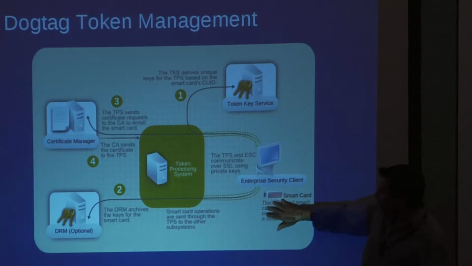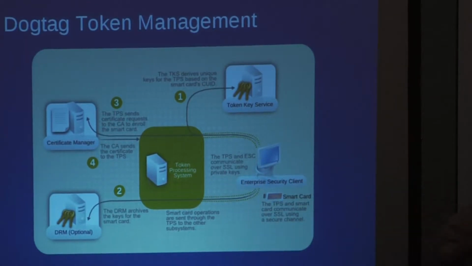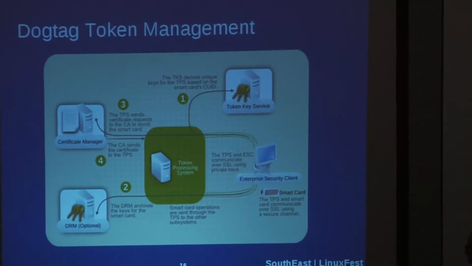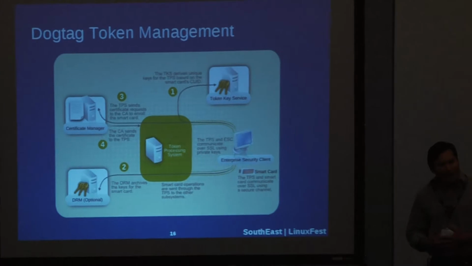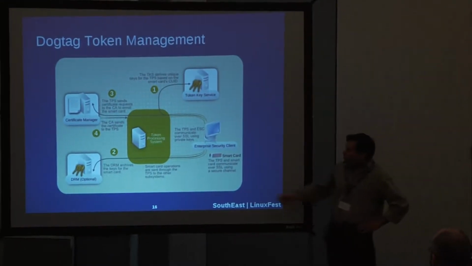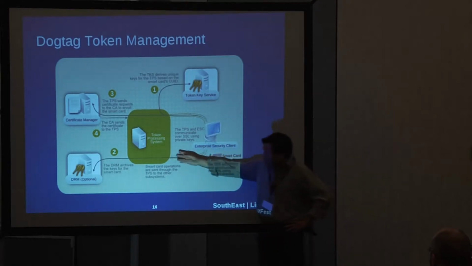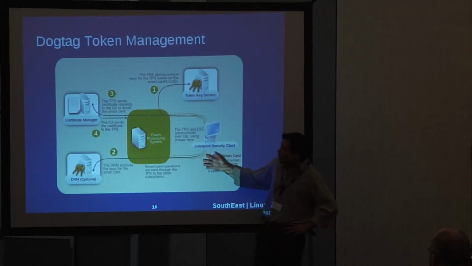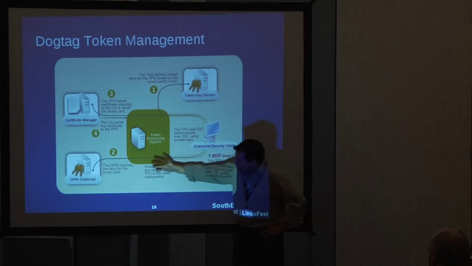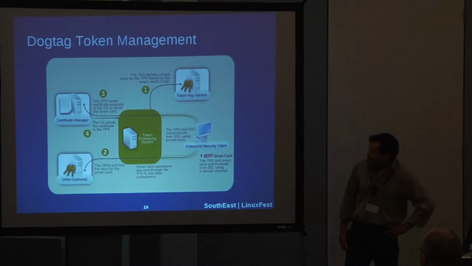The TPS, the token processing system, sets up a secure channel and so on with the smart cards, and there's a standard for it, GlobalPlatform. There's a standard for the kinds of things that it needs to set up. And then of course the other thing that it can do, if you have an encryption cert, is that the TPS will talk to the DRM and will store the keys on the DRM.